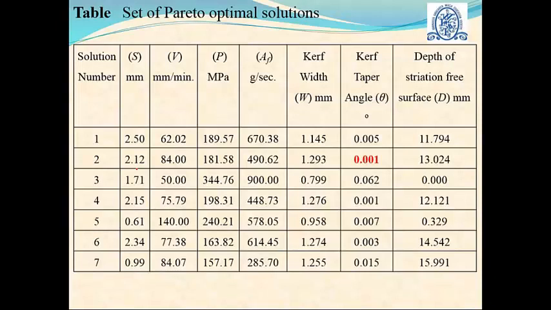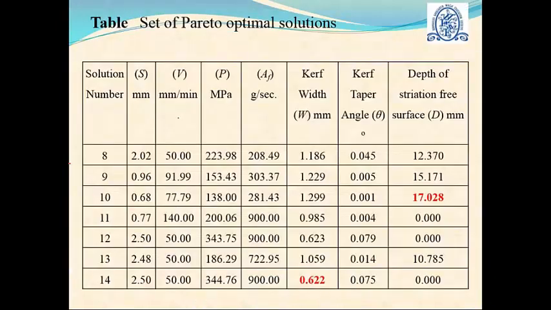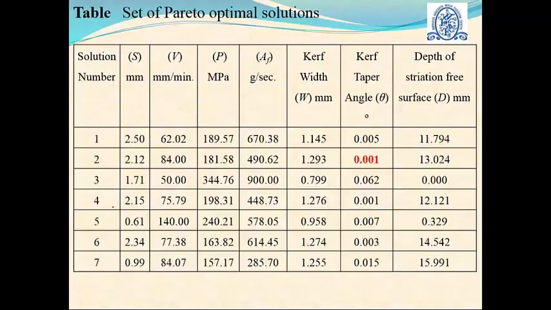Here we consider a 50 population size, out of which we get 14 Pareto optimal solutions. Please note that all these solutions are optimal solutions, and every solution corresponds to certain weights of the objective functions.